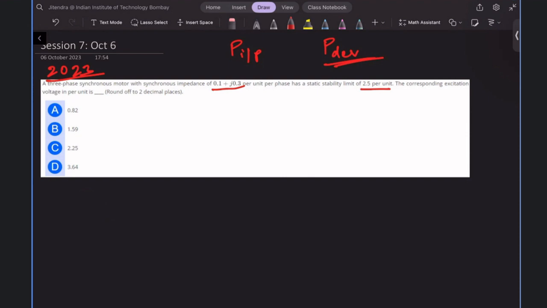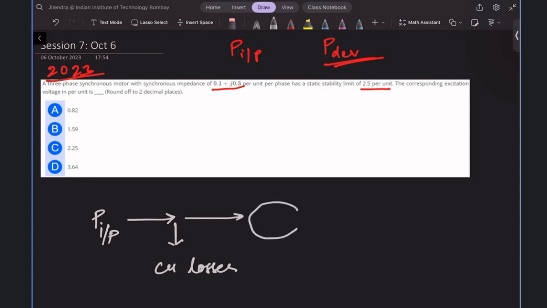So let's suppose in a machine you are providing an input, and since this machine is a motor, it will have some copper losses, right? Afterward, there will be some developed power at this level, okay?